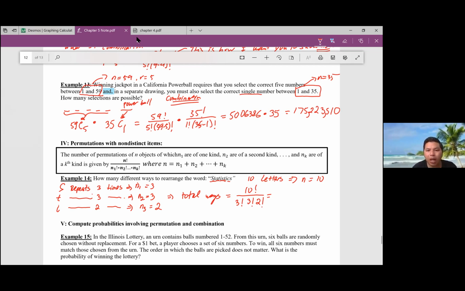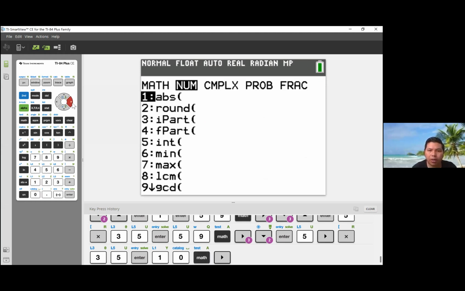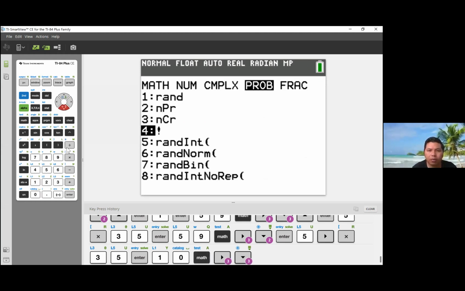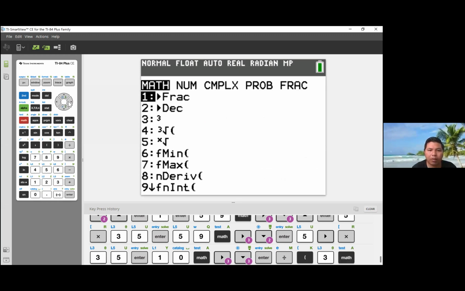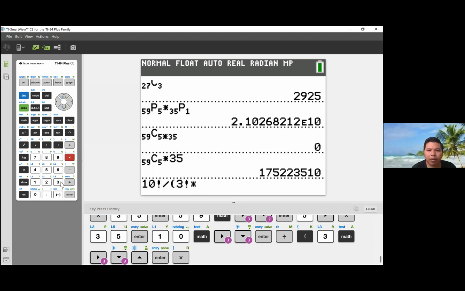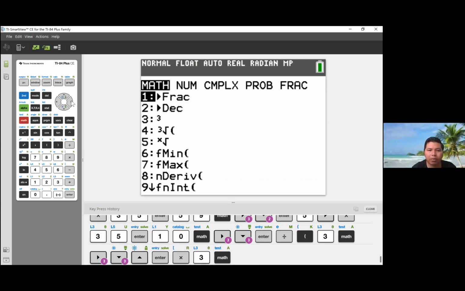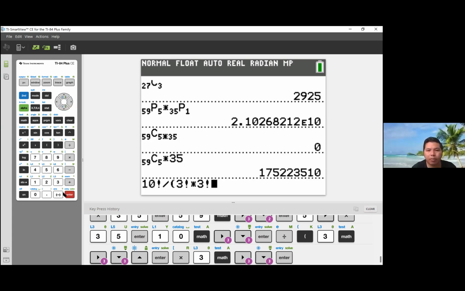When you want to use a calculator, you can enter 10 factorial divided by parentheses 3 factorial times 3 factorial, and then times 2 factorial.